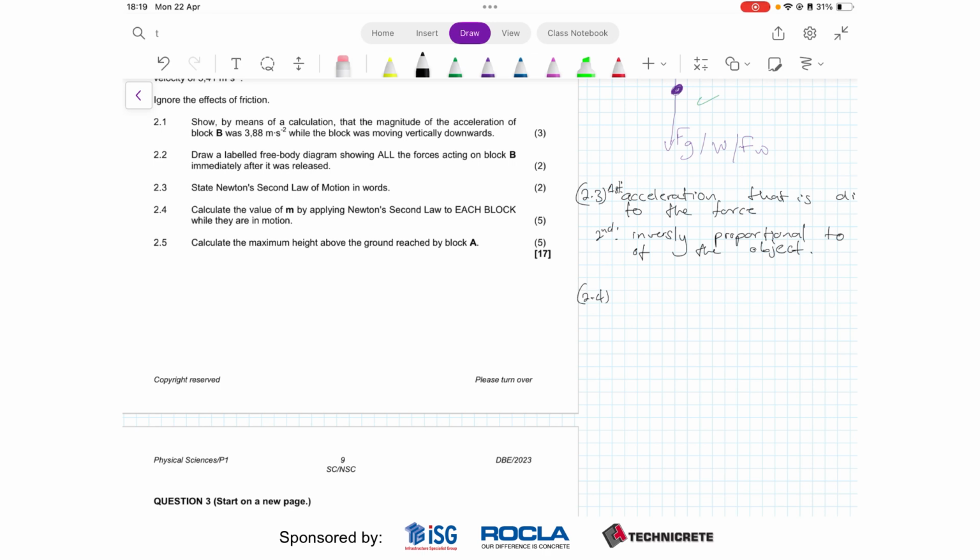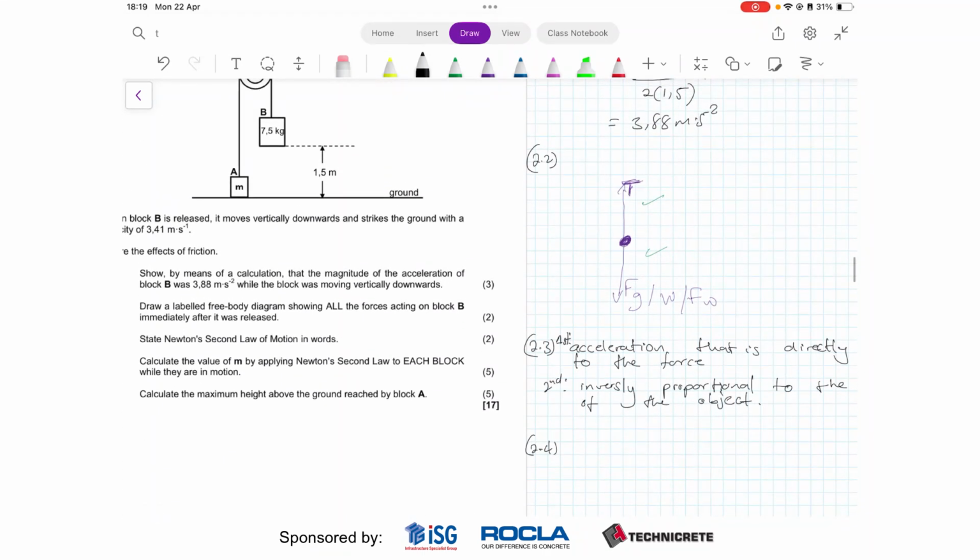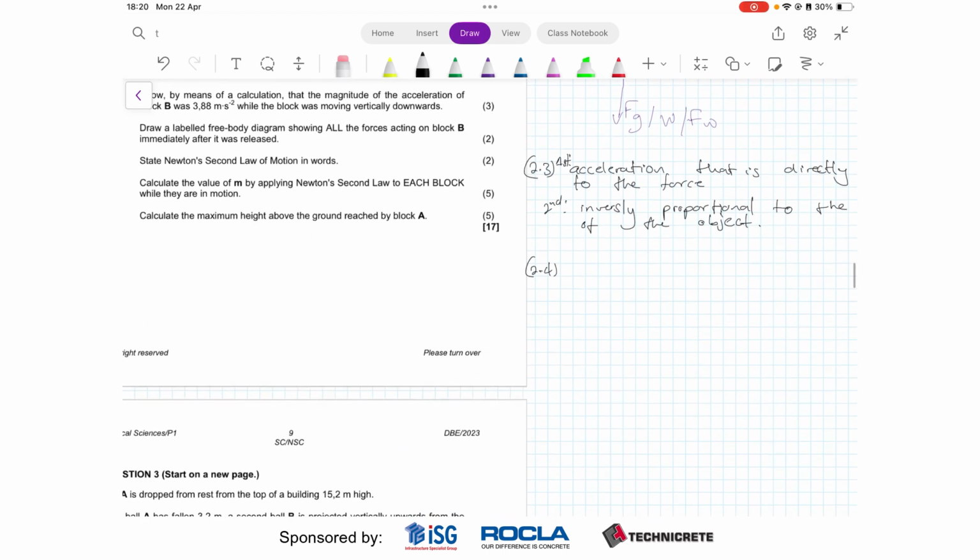2.4. Calculate the value of m by applying Newton's second law to each block while they are in motion. Okay, so once again, because we have chosen downwards as positive in the first calculation, we will continue to choose downwards as positive in this question.